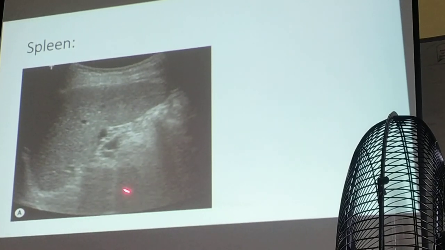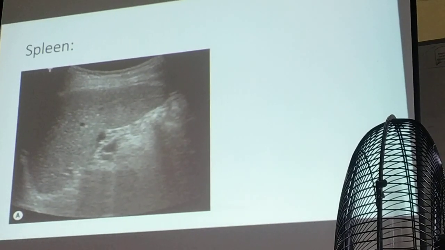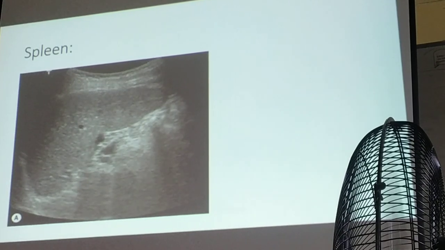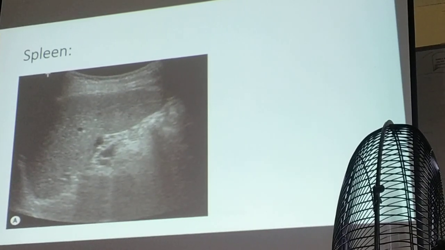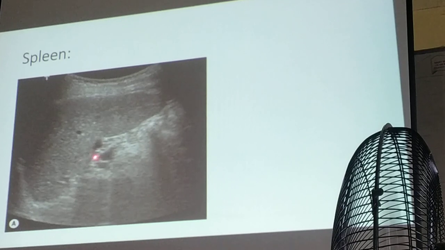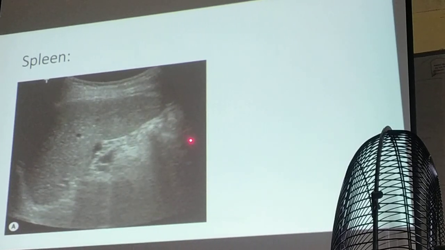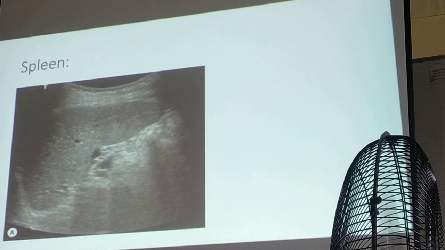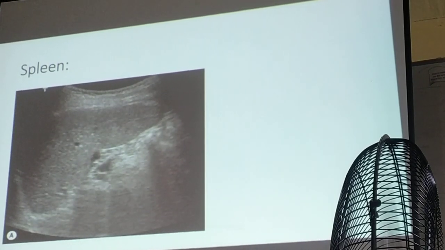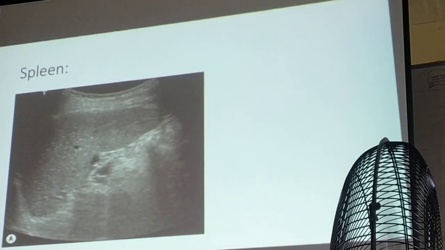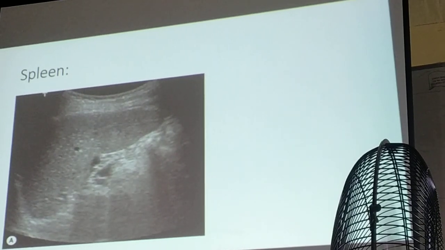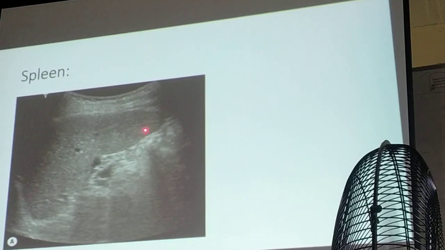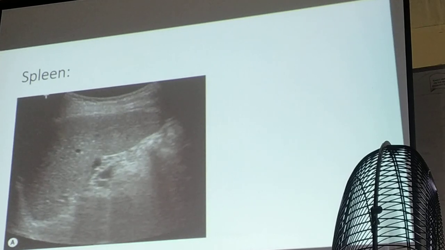So, again, this is your spleen. Your clue that this is the spleen and this is not the liver is that usually in the liver, rarely could you get a clear total picture of the whole organ. Unlike your spleen, you can have the whole picture of your spleen.